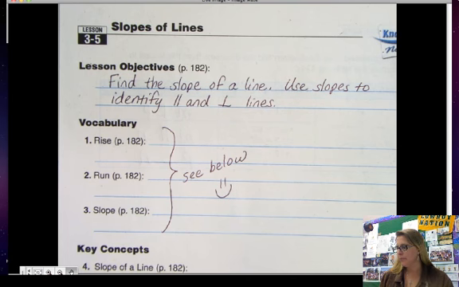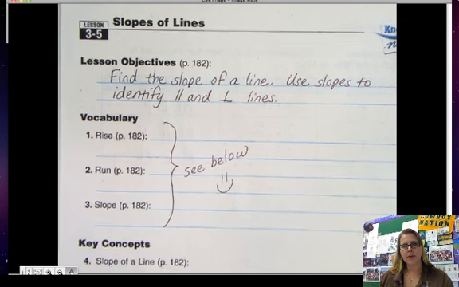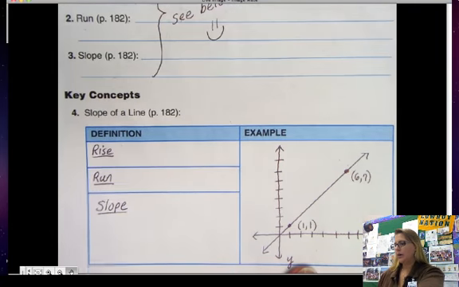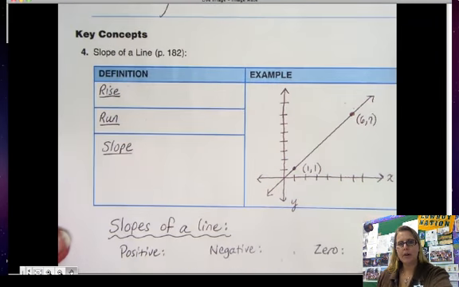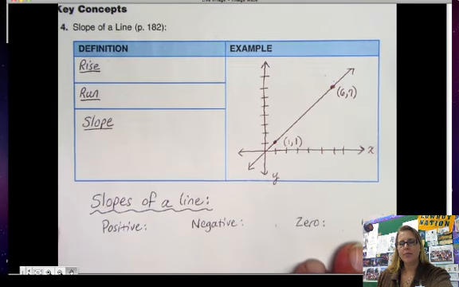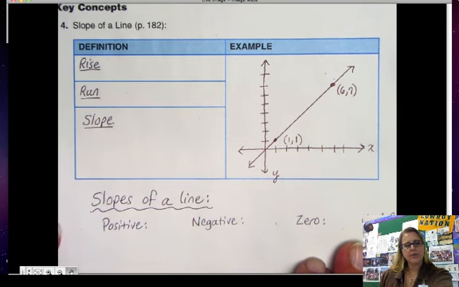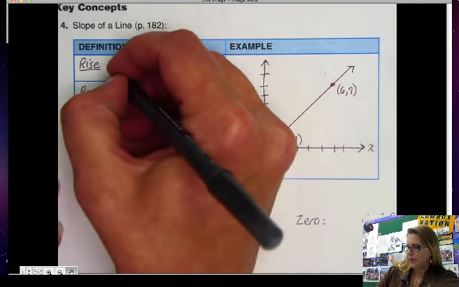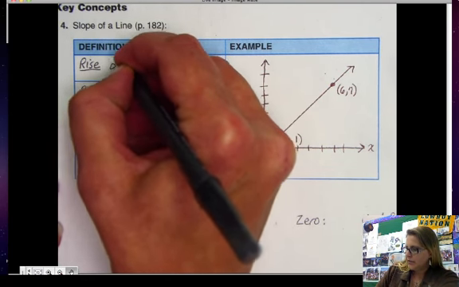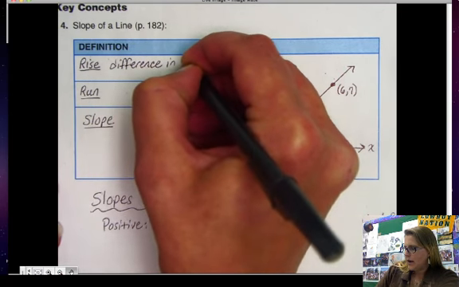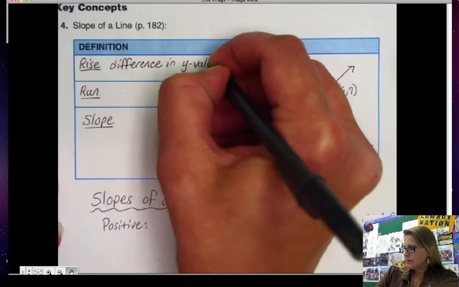So this will be review for you, and hopefully you'll remember how to do it from learning it in algebra. First for our vocabulary, we're going to go ahead and do those same vocabulary down here on our chart. Our first key concept is to find the rise and the run and to talk about the slope. So the rise is the difference in y values.